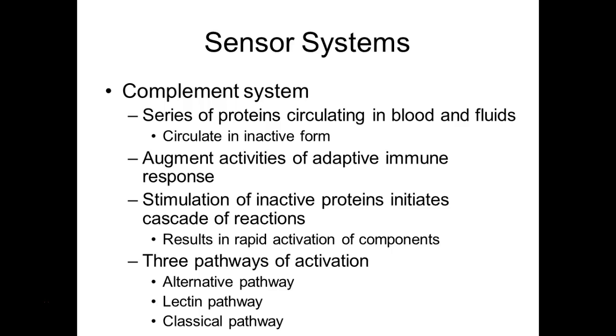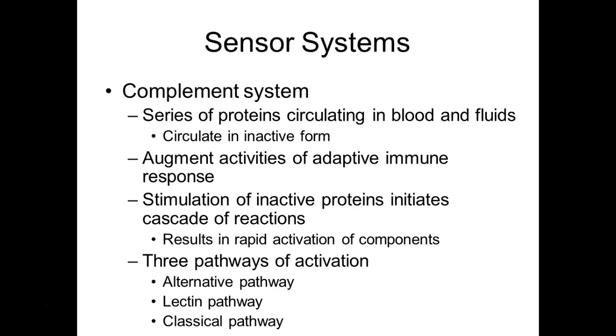So this system, as I said, is made of proteins circulating in your blood and your tissue fluids, right? It's mostly in the inactive form. It's got to be activated for this system to move forward, for the different proteins to break into different pieces and do the different jobs.